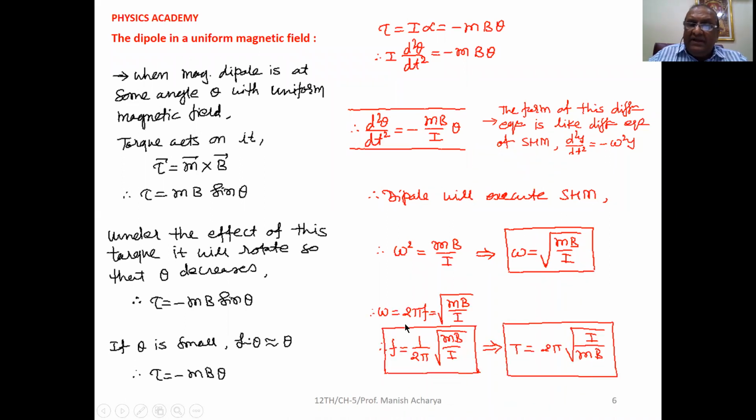Now, omega is 2 pi f, which equals under root MB upon I. So the frequency of the oscillations f is 1 upon 2 pi under root MB upon I. From this, the periodic time for the oscillation of the dipole is 2 pi under root I upon MB, because periodic time is 1 upon frequency. Clear to all of you?